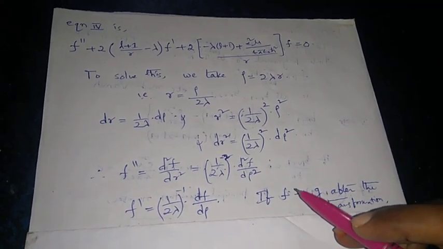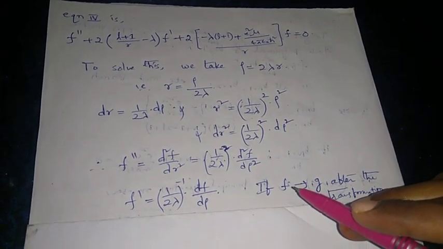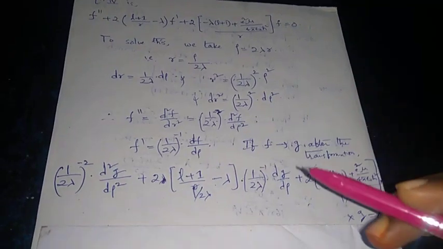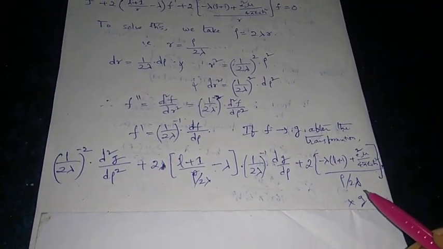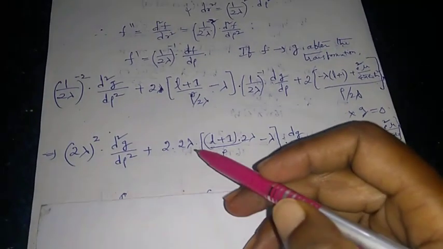And if you say that under this transformation the functional form may also be slightly different, from f to small g, then if you substitute all these things into equation number 4, we get this expression. By writing 2 lambda power plus 2, and here also plus 1, we get this expression.